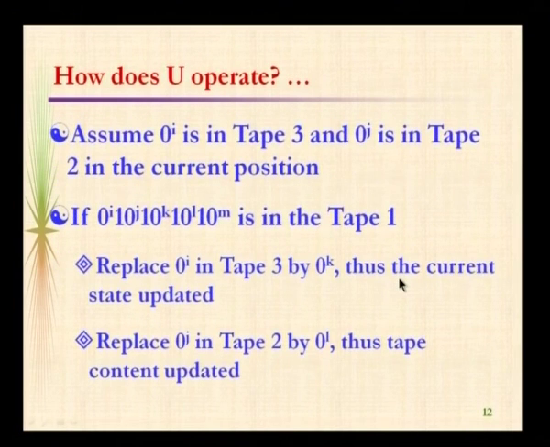So once the inputs are available for us, we have to find the output for the input. Suppose we find that 1 0 is there in the third tape, which is nothing but the first state, and 2 zeros in the second tape, which is nothing but the second symbol from the tape alphabet of M, maybe it is 1 or 2, anything. Knowing these two, we can form a prefix 0 power 1, 1 followed by 0 power 2. It means the very first state and the second symbol as the current symbol.